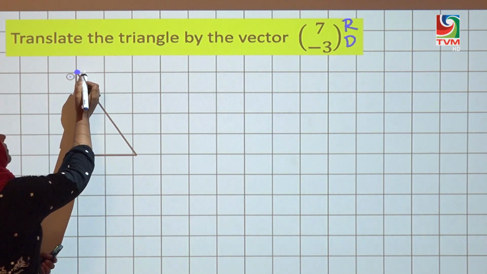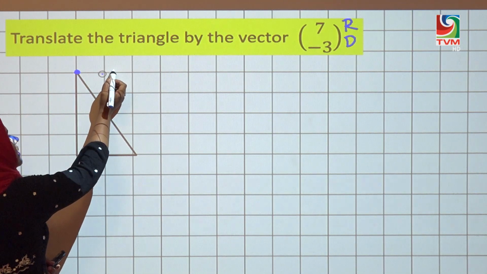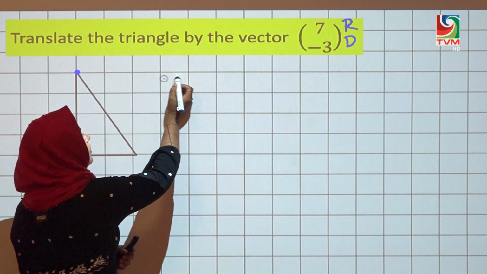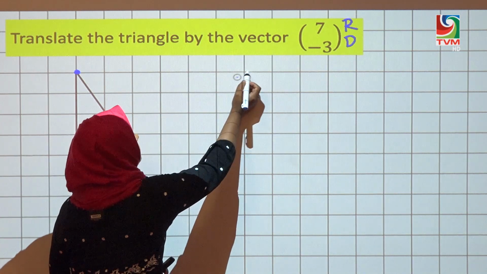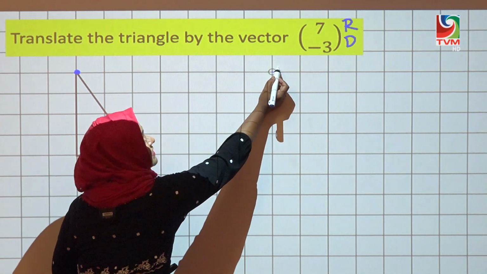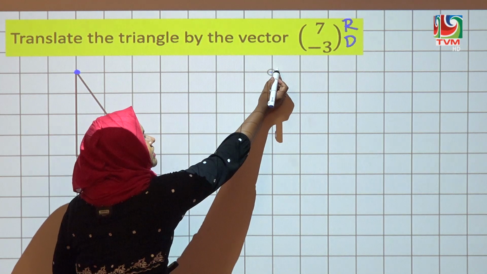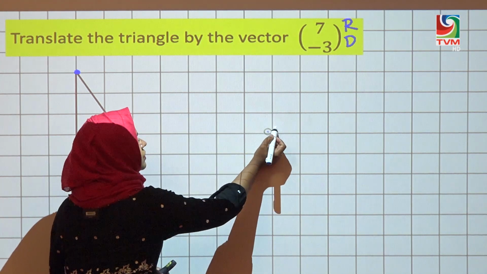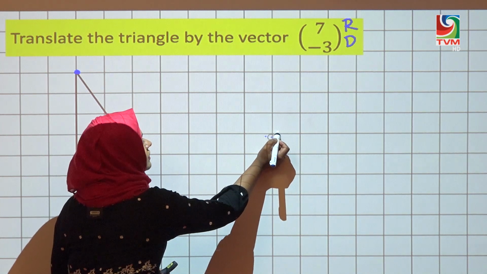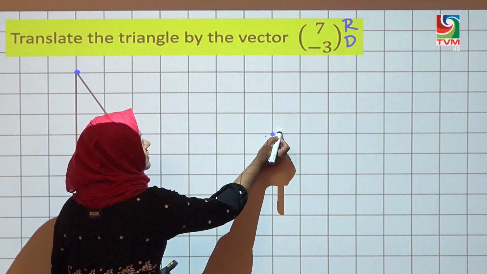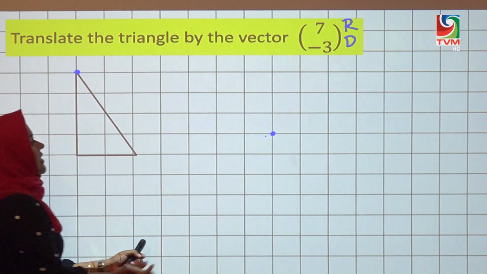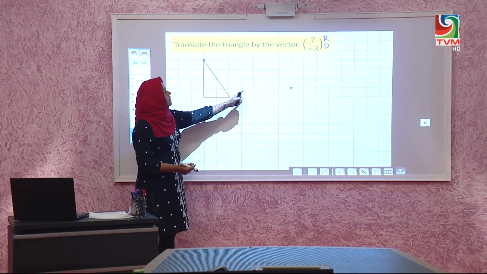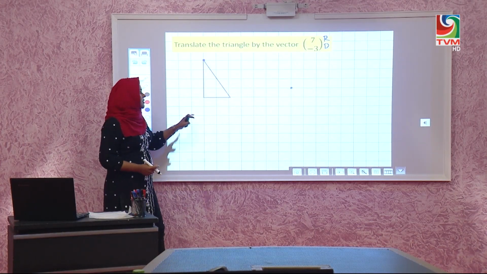Move it. 1 unit right, 2, 3, 4, 5, 6, 7, that is 7 units to the right. Now move it 3 units down, 1, 2, 3. So here is the same point after translating by the vector 7, minus 3.